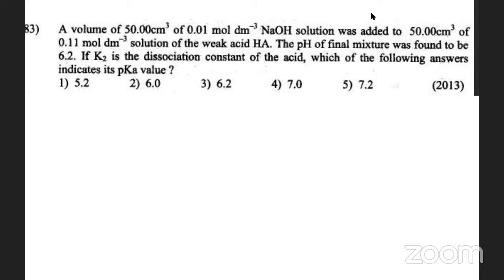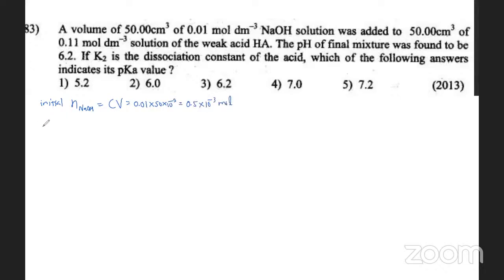So we have to find the pKa value of the acid. For that, this is what we have to do. What is the initial number of moles of sodium hydroxide? That is concentration times volume: 0.01 times 50 times 10 to the power minus 3, which is 0.5 times 10 to the power minus 3 moles.